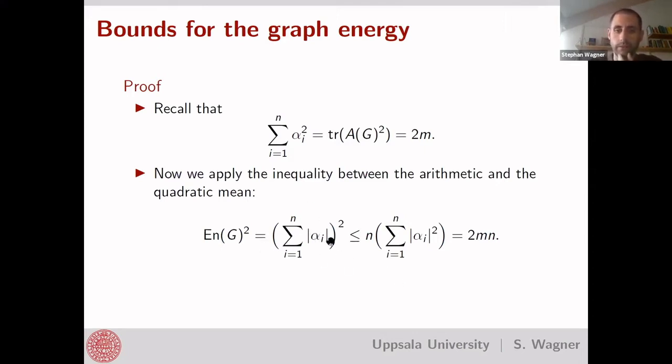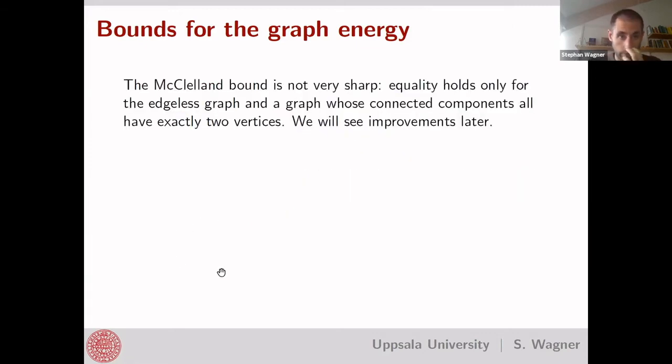And that tells you that the sum of the absolute values squared is less than or equal to n times the sum of the squared absolute values. This thing in brackets is 2m. So you've got 2m times n, and then we just take square roots on each side and we're done.